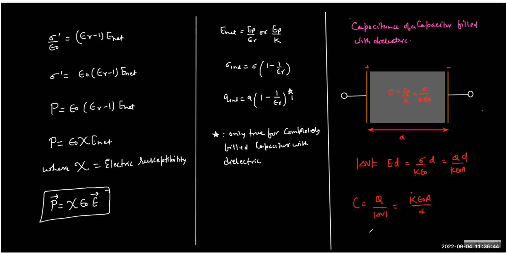So earlier the C was epsilon naught A by D. Now this is K times. So we can say the C dielectric is K times C air.